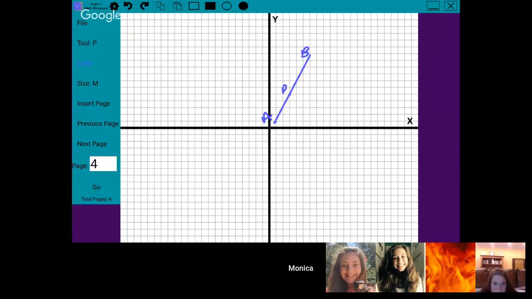And then it gives you point P, which is right here. And you have to graph a line that's parallel to AB that passes through point P. So in order to find if a line is parallel to AB, what do we have to know?